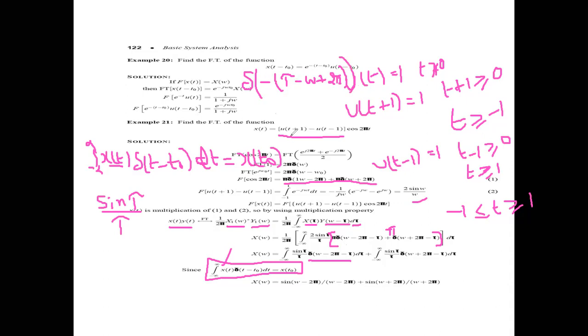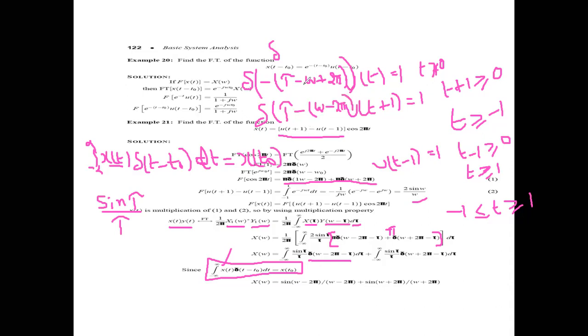Even you can write like this also. Delta is an even function, we'll get the same thing. Nothing is different. So delta of tau minus of omega minus 2 pi. Okay, my dear students.